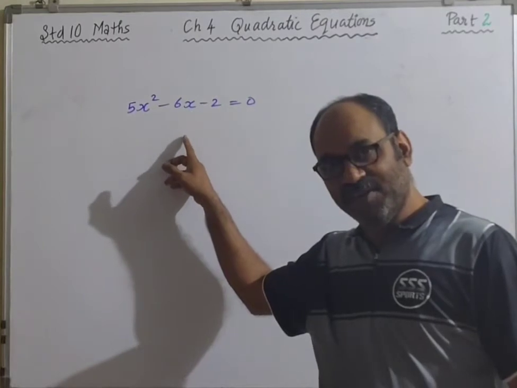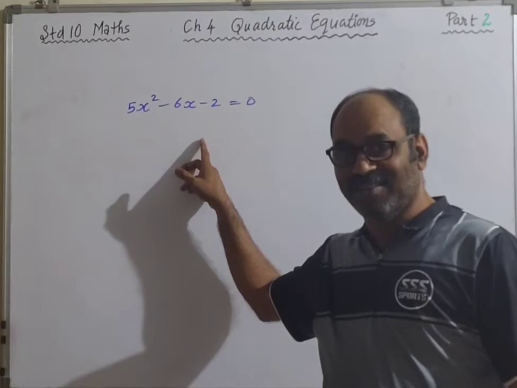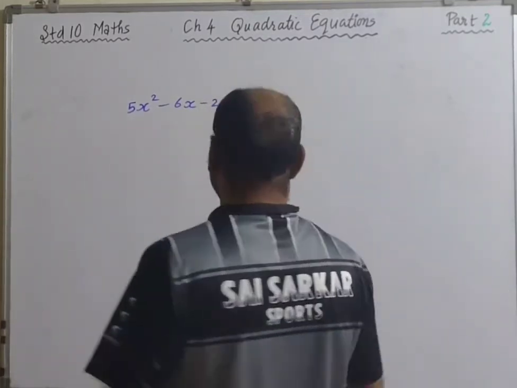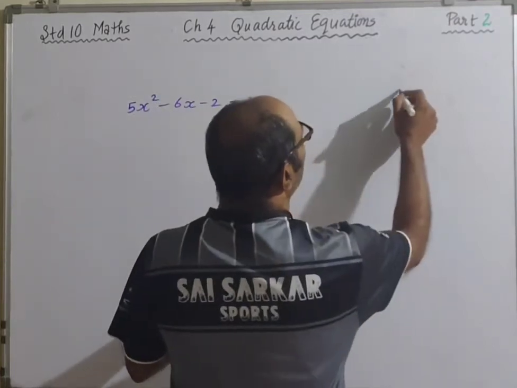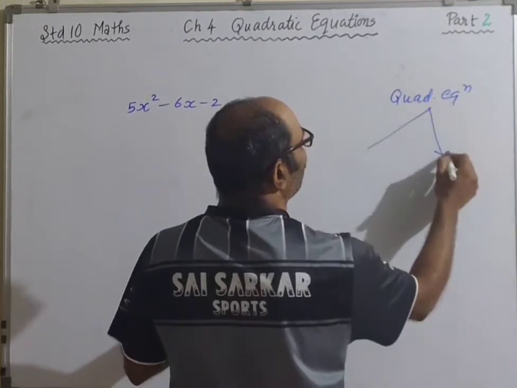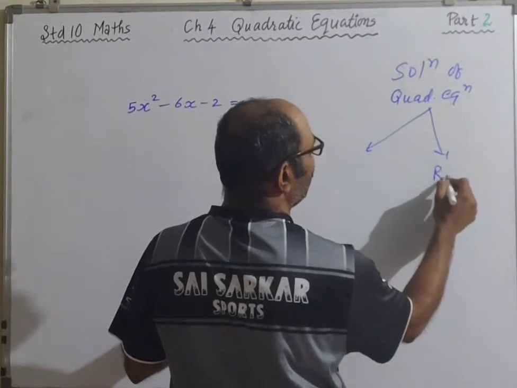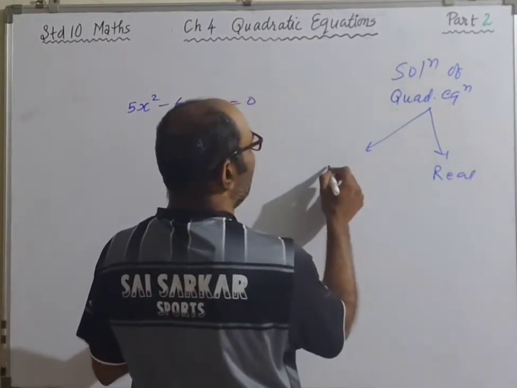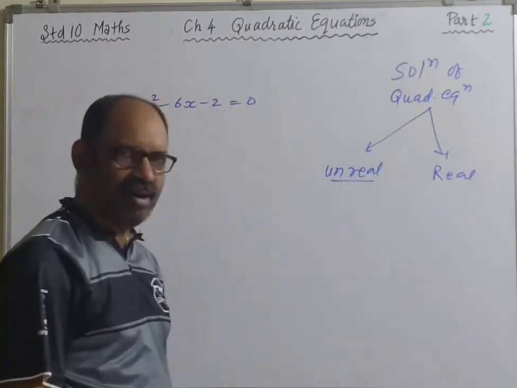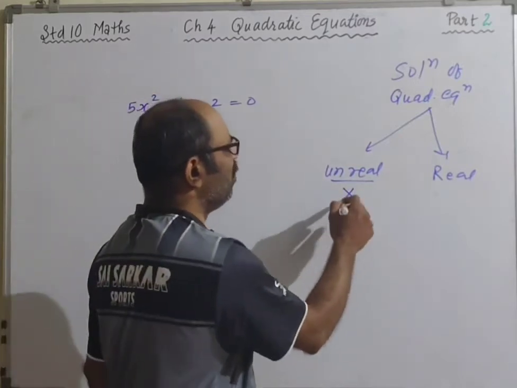All right, look at this equation. In the previous session, I had given you homework to solve this equation by the factorization method, and you can't factorize it. What does that mean, children? The solution of any quadratic equation is either a real number or an unreal number, meaning not real. Whether it will be real or unreal, we don't need to find out right now.